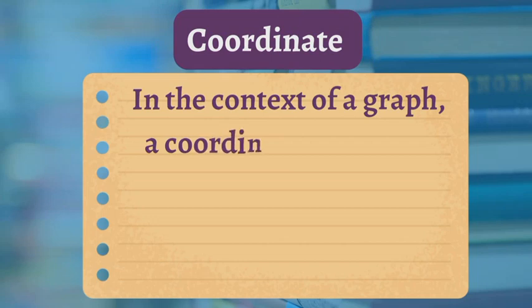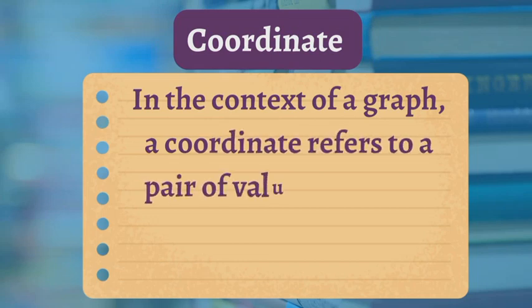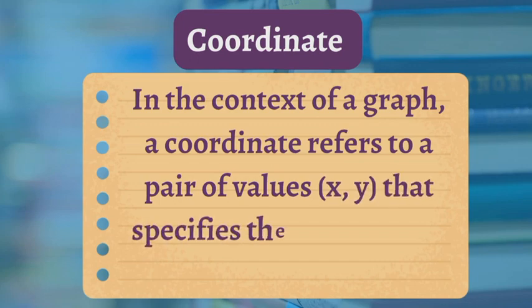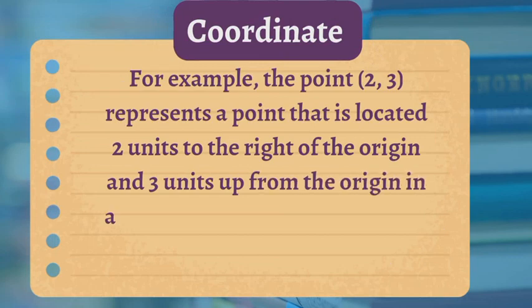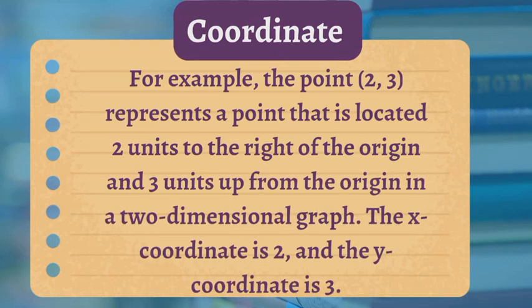In the context of a graph, a coordinate refers to a pair of values (x, y) that specifies the location of a point on the graph. So your coordinate, as we have said, is a unique ordered pair which can specify the location of the points on the graph.